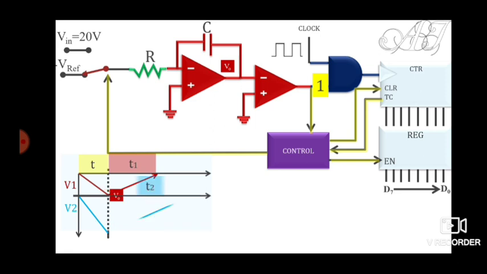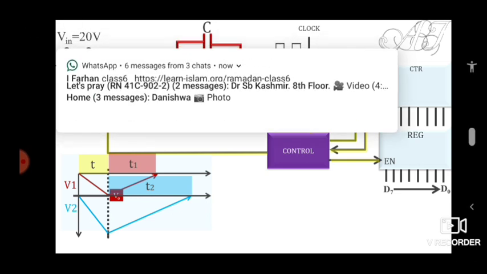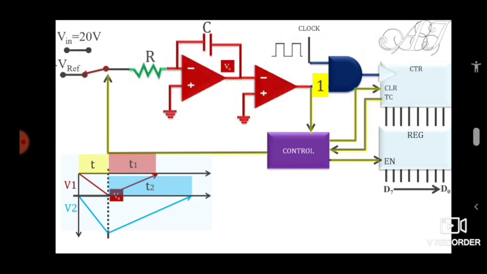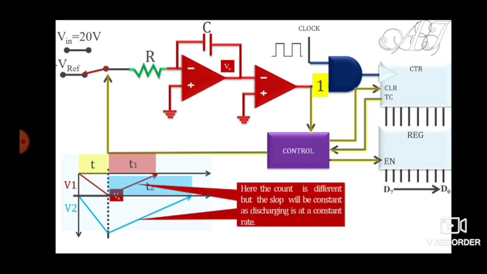What would be next? See, now we have got the output of this integrator high. If the output of this integrator is high, then it will take a longer time to discharge also. Here the count is different, but the slope will be constant, because the rate of discharging is constant.